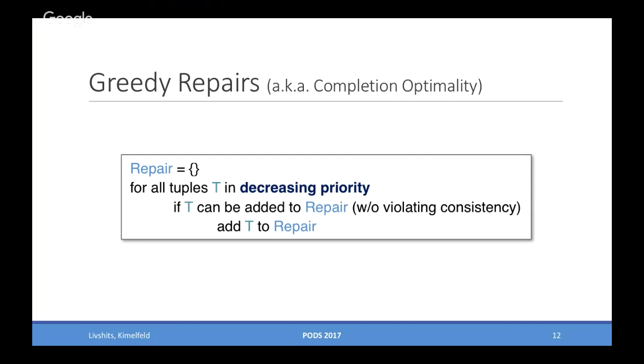The last notion, greedy repairs, is based on a greedy algorithm for generating repairs. What it basically does is go over the facts in the database in decreasing priority order. For each fact, if it can be added to the repair without violating consistency, then it is added to the repair. Otherwise, it is just removed.